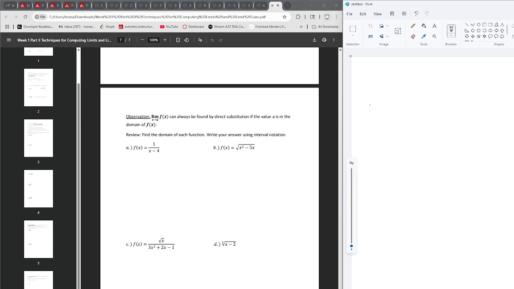This one looks really gross. Wait. Okay, let's think about the domain here. So we have square root x, that cannot be less than 0. So x has to be greater than or equal to 0. And then we have the bottom, we can't let that be 0. So we need to factor that out. We know that one of our factors is 3x, the other is x, and then our constants are negative 1 and 1.